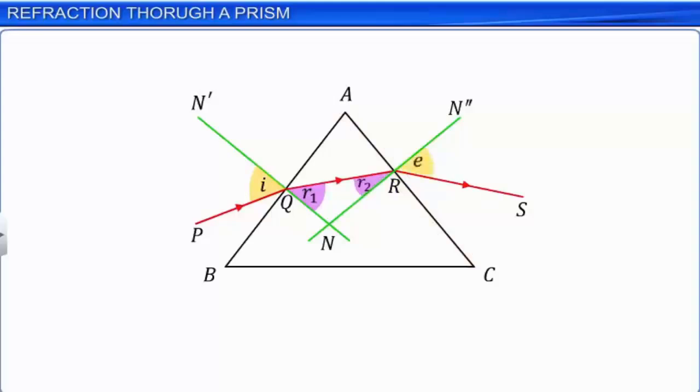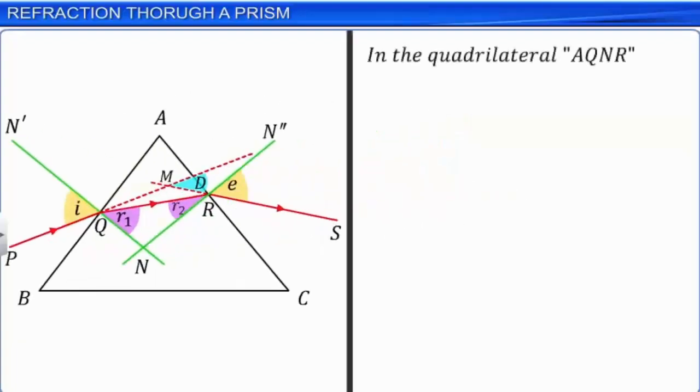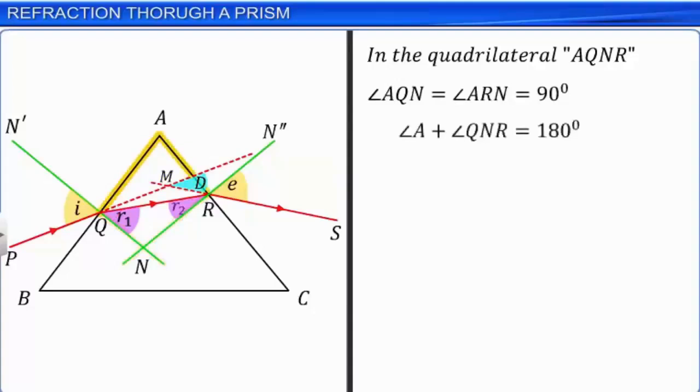In the quadrilateral AQNR, angles AQN and ARN are right angles. Hence, angle A plus angle QNR is equal to 180 degrees. Let this be equation 1. Since the sum of the angles in a triangle is equal to 180 degrees, in the triangle QRN, R1 plus R2 plus angle QNR is equal to 180 degrees.